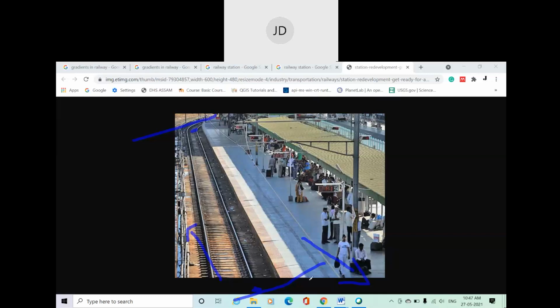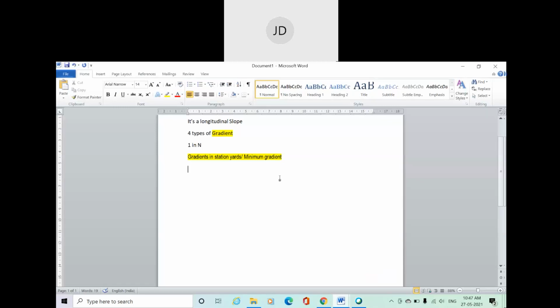So to maintain effective drainage in the station yard, a particular amount of gradient is provided. I think it is clear, right?